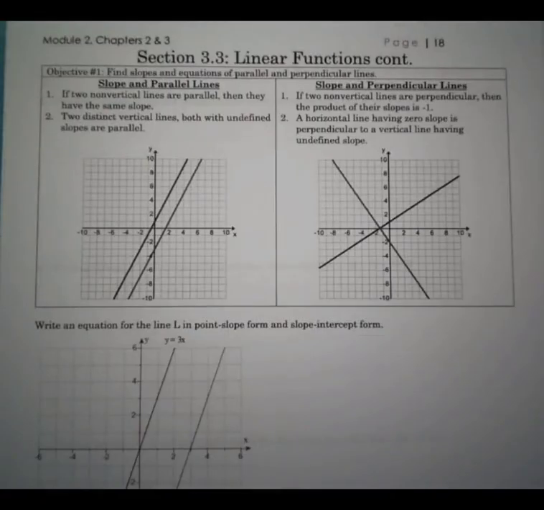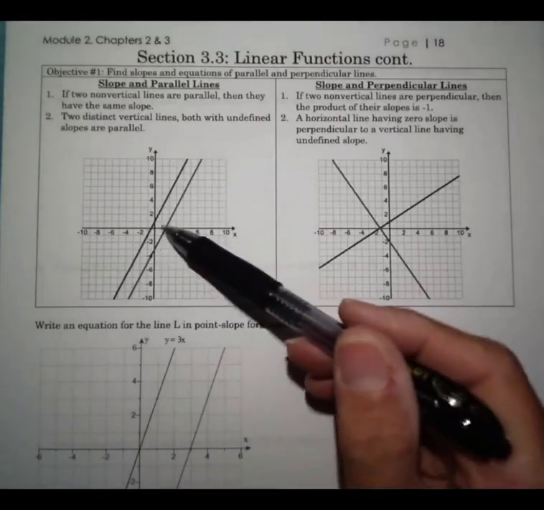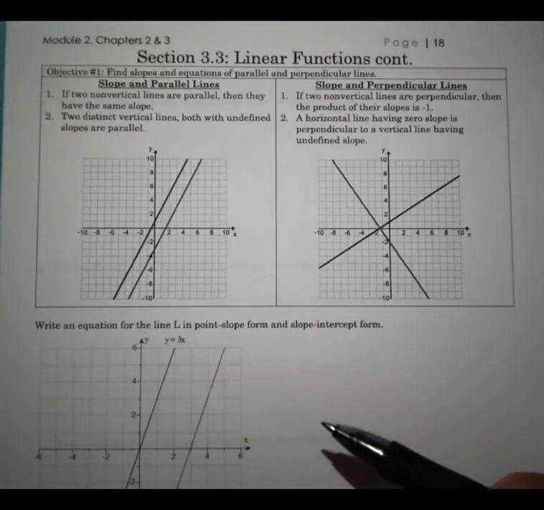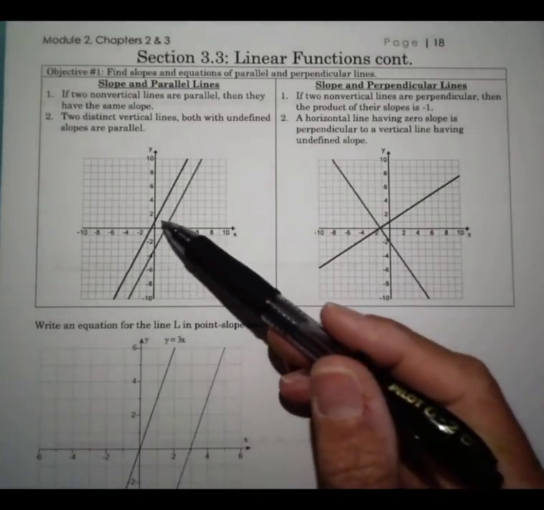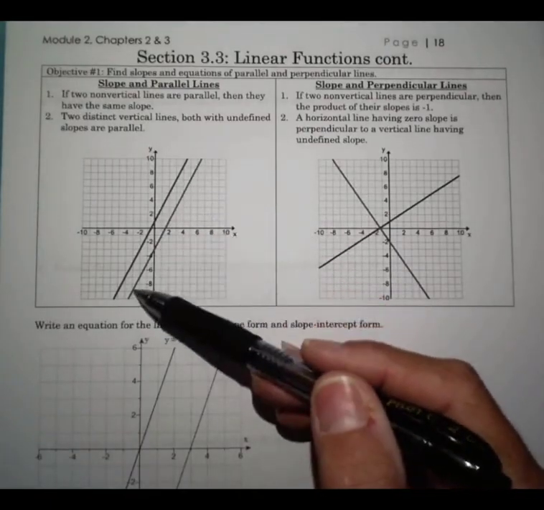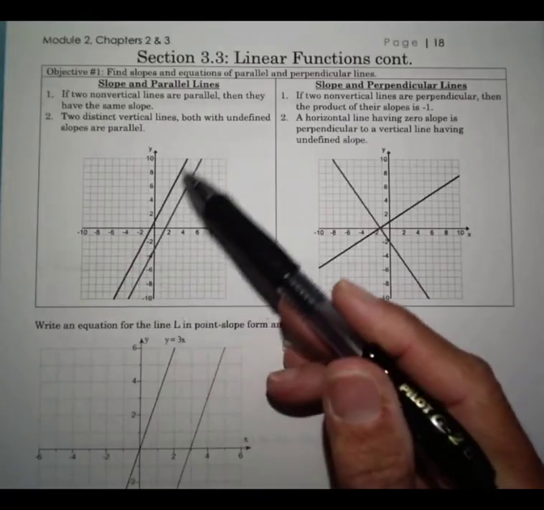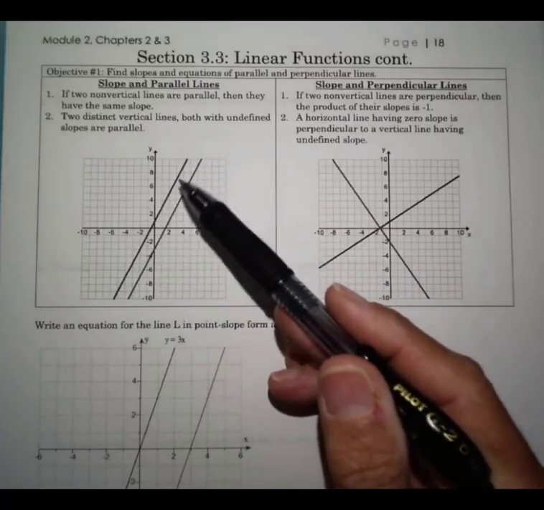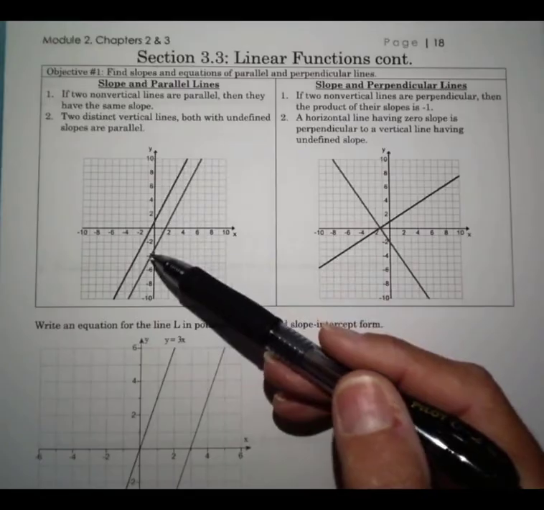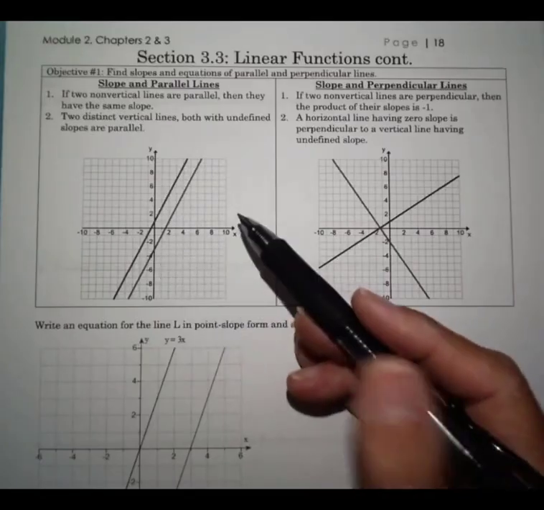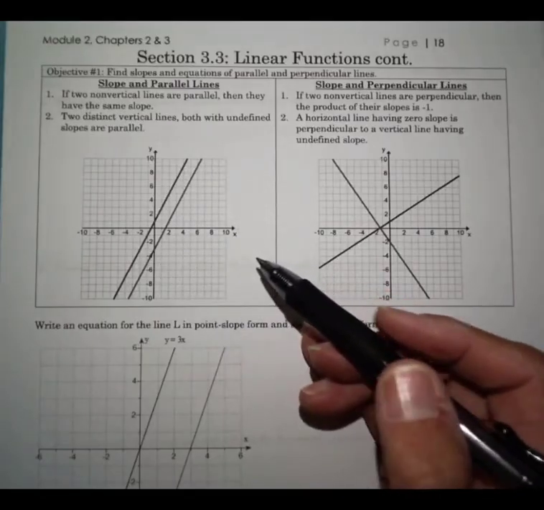Now let's talk just a little bit more about these slopes and how they relate to each other, especially when we're talking about two linear equations together. If I have lines that never touch, that never meet, they're called parallel lines. They have an equal distance between the lines at all points. If I have parallel lines, the slopes are both the same.